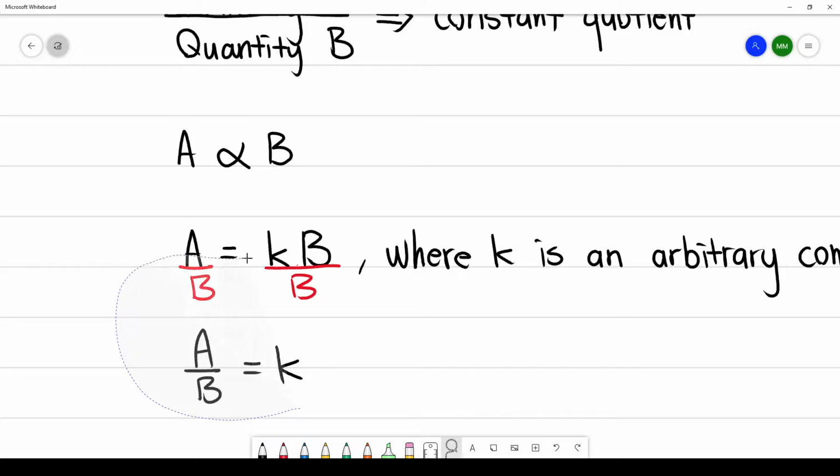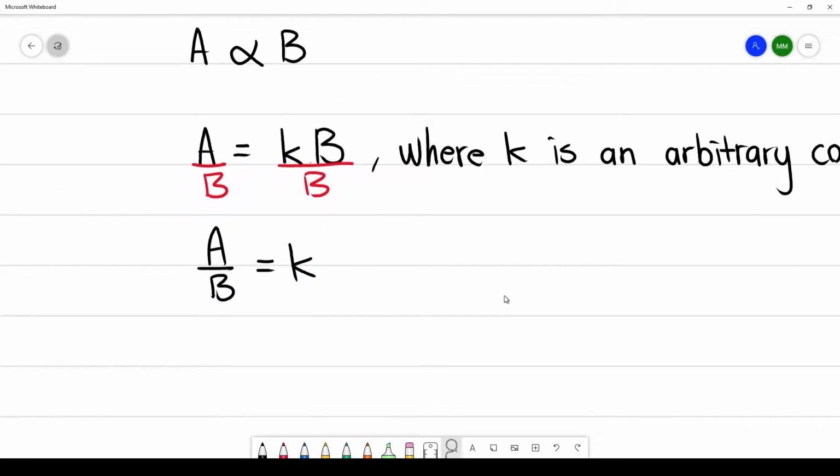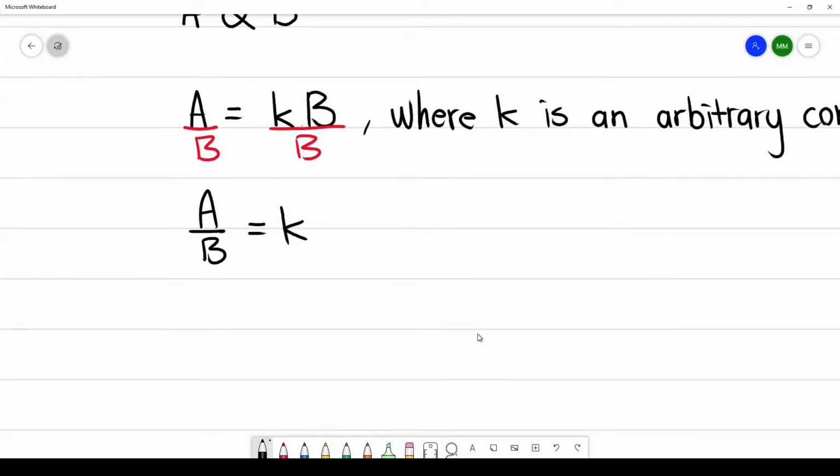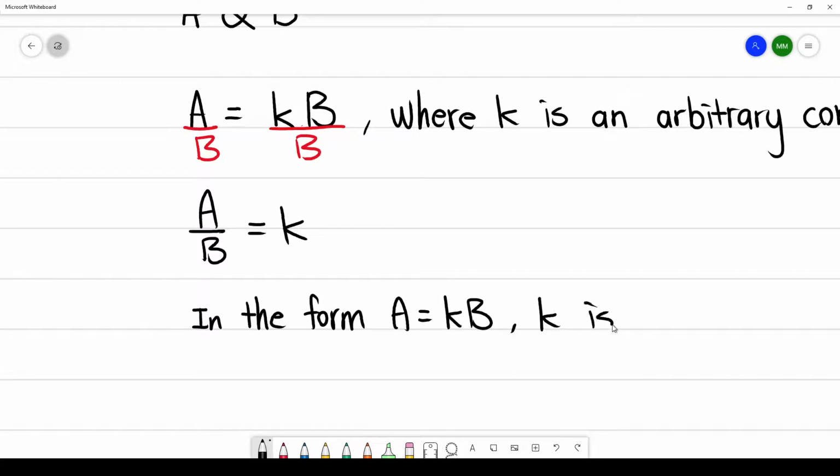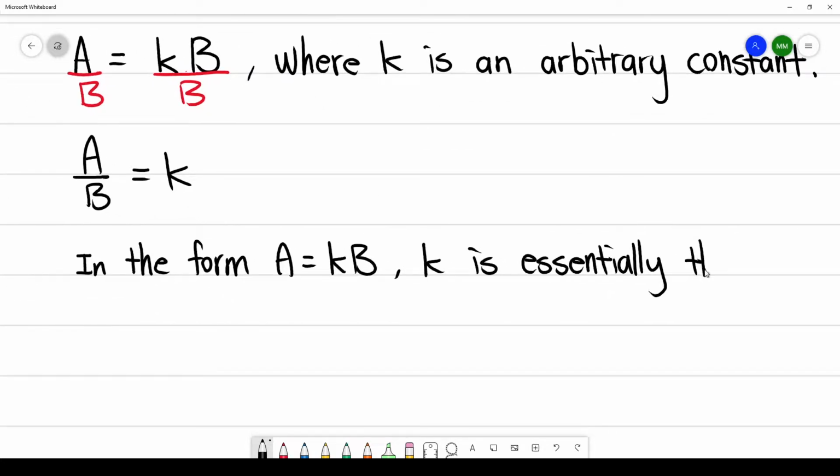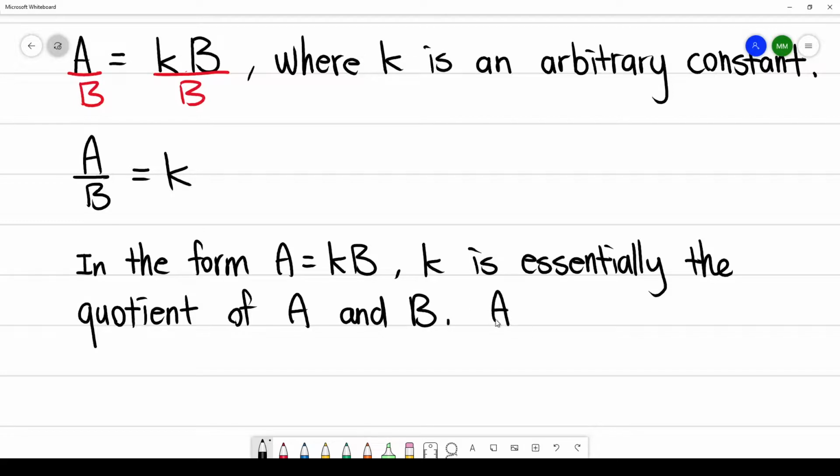So when you write it in the form a is equal to kb, k times b, k is essentially the quotient of a and b. So a divided by b is equal to k.